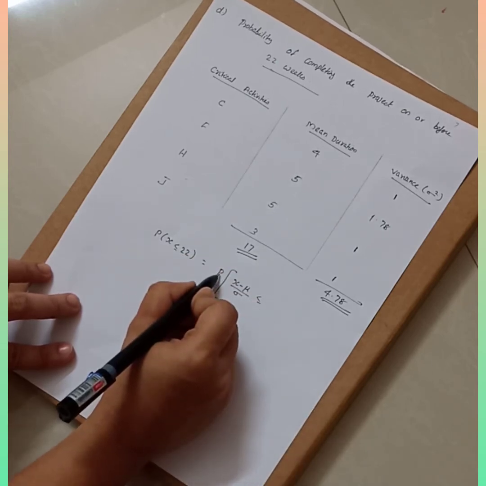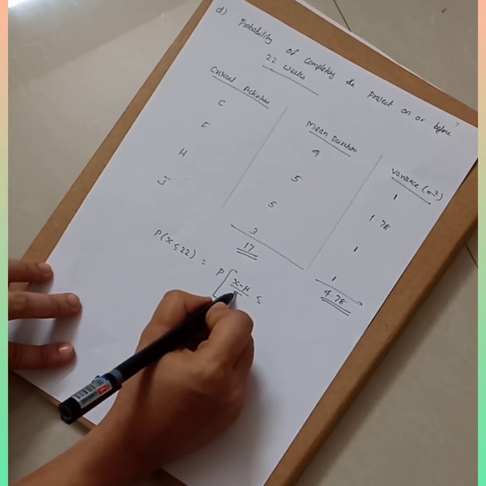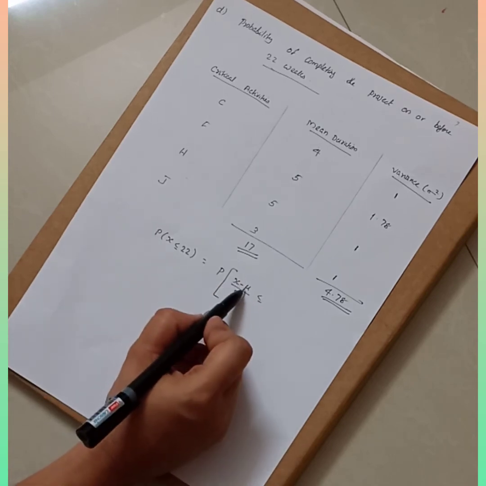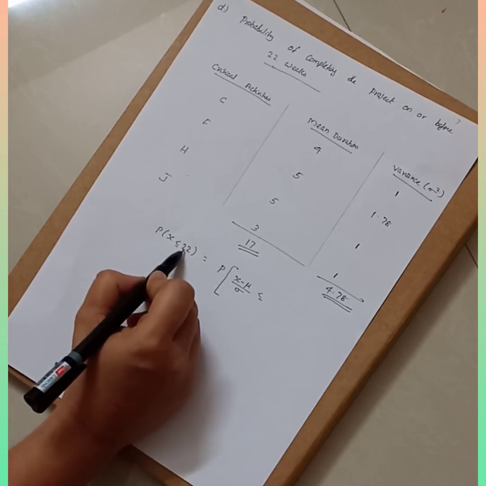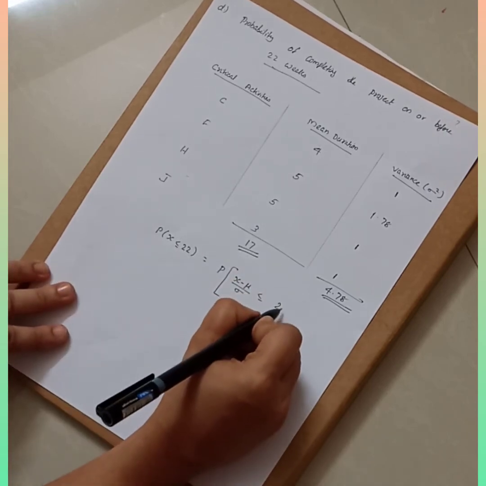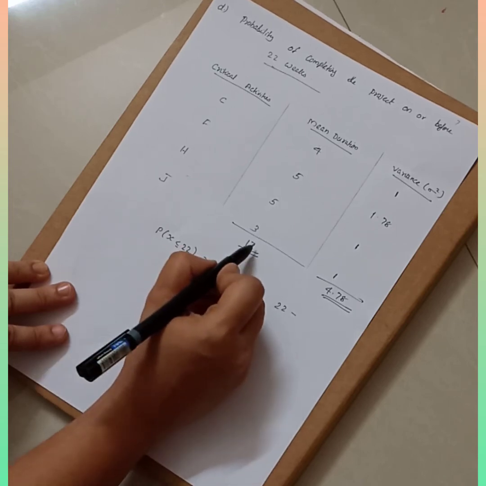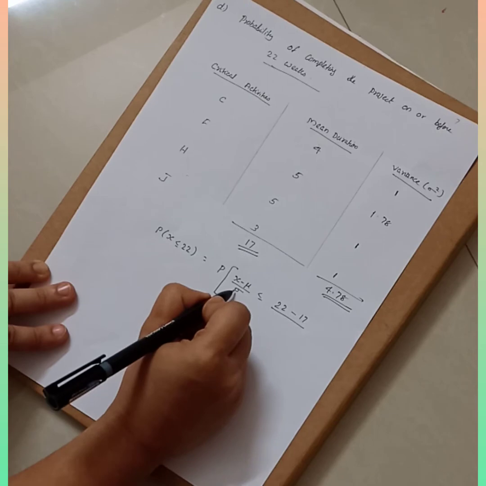So you need to write down the formula P of (X minus mu) divided by sigma. This is the probability formula. Now what is X? X is 22. So you can write it is less than or equal to 22 minus mu. Mu is the sum of mean duration, that is 17, divided by sigma.